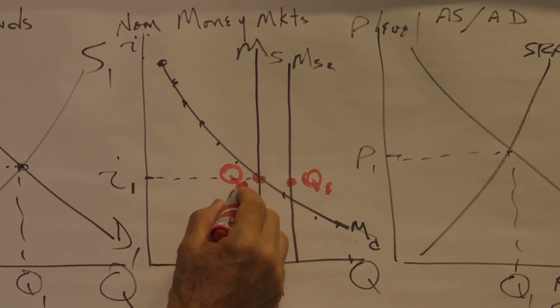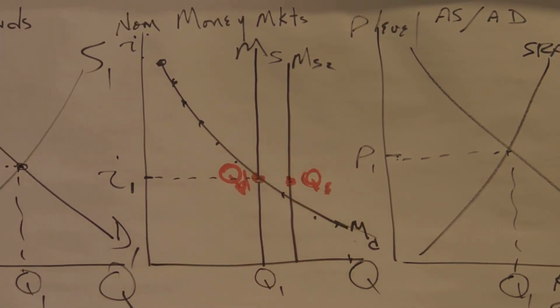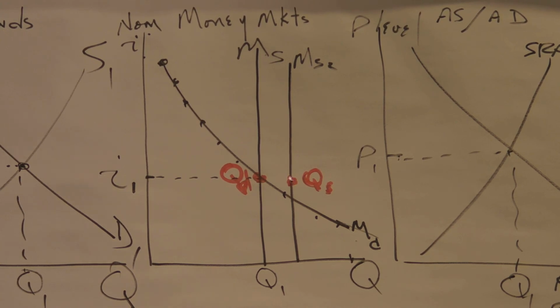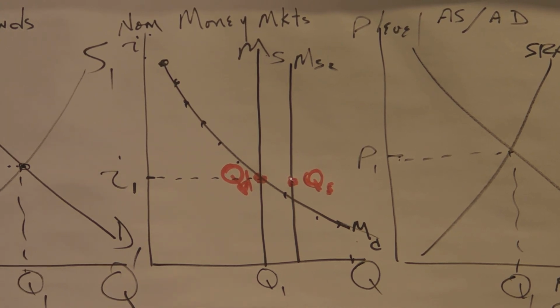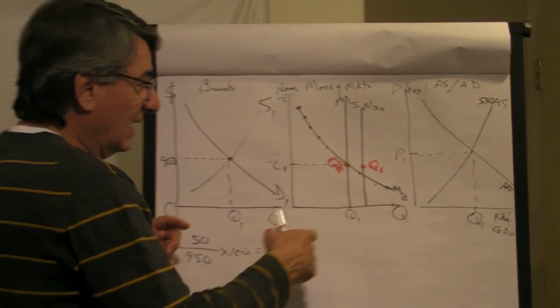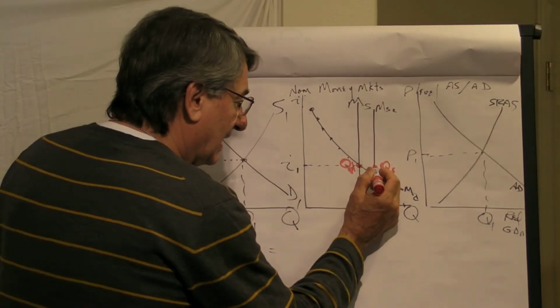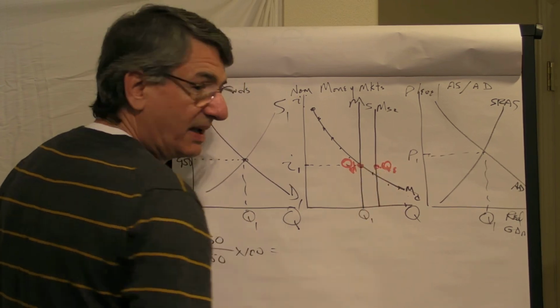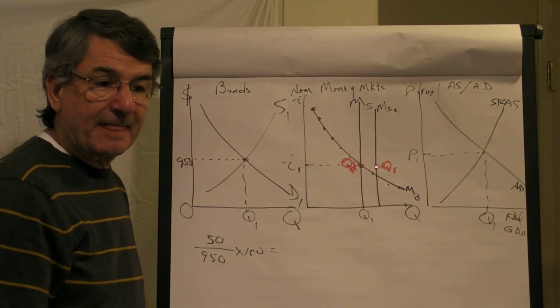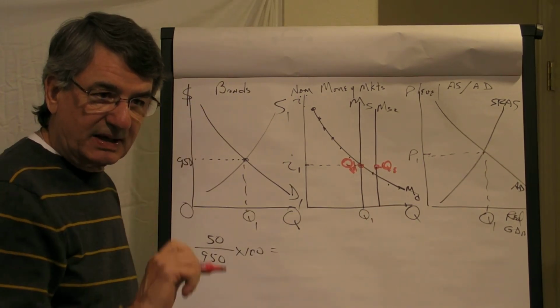Now that the Federal Reserve has put more money out there, we have to remember that the amount that people are actually holding is the money supply, and the amount that people want to hold comes from money demand. So in this case, there is a quantity supplied greater than quantity demanded. There is a surplus of money.